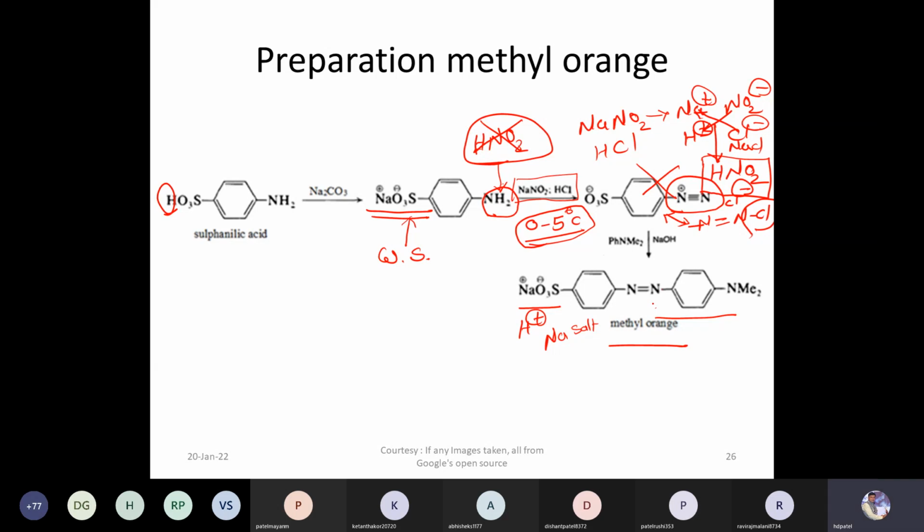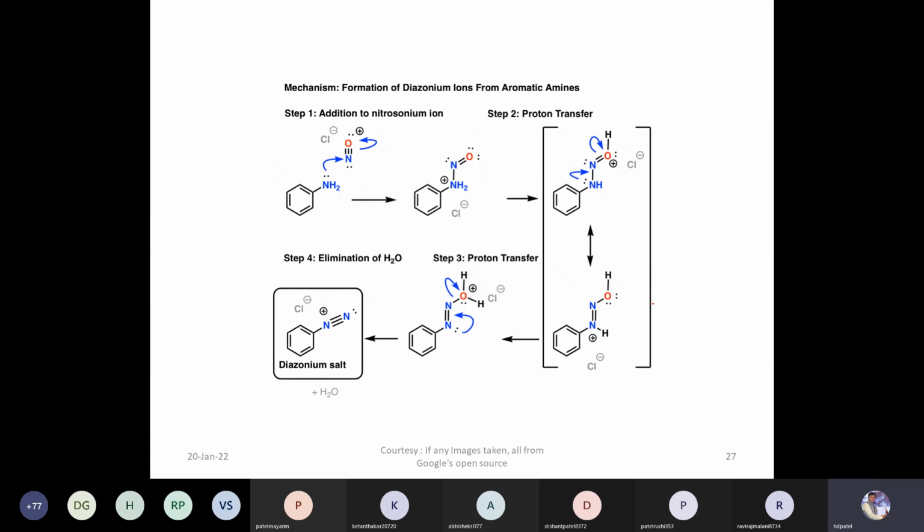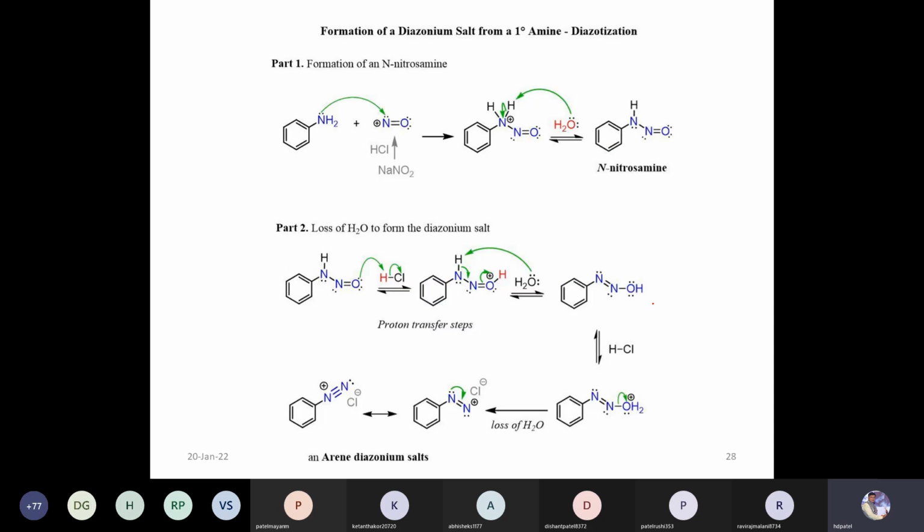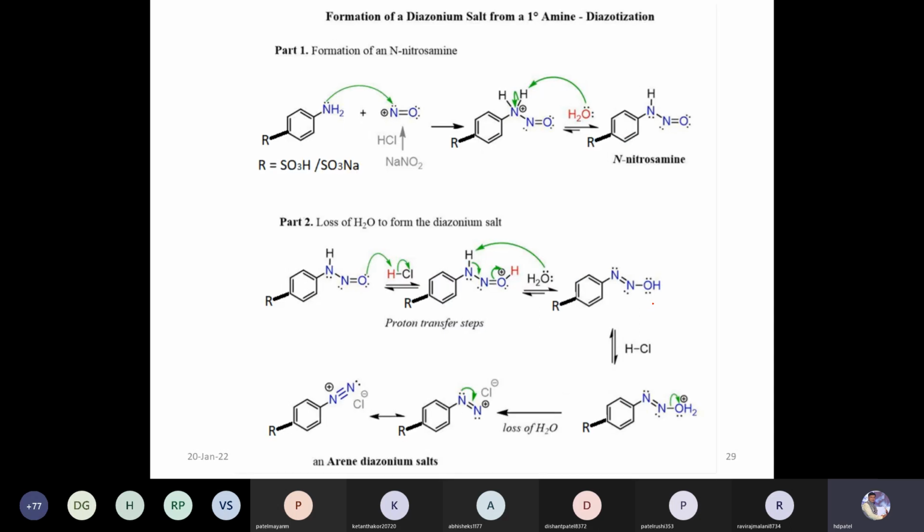Now we are going to discuss the reaction mechanism. As I said, in the reaction we require aniline. Here I have given the example of aniline, but instead of aniline we can say R equal to SO3H.